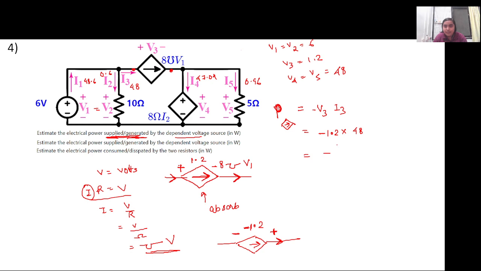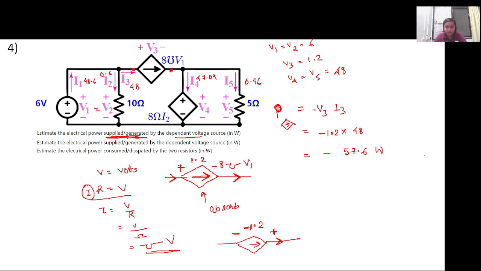So it will be minus 1.2 into 48, which is minus 57.6. Had the question been how much electrical power is absorbed by the voltage source, we would have taken it to be 57.6 watt. Since it is mentioned specifically as supplied or generated, it is coming up with a negative sign. Is this clear?